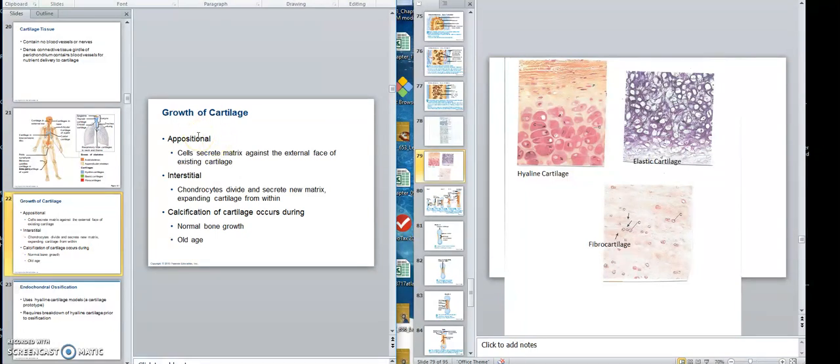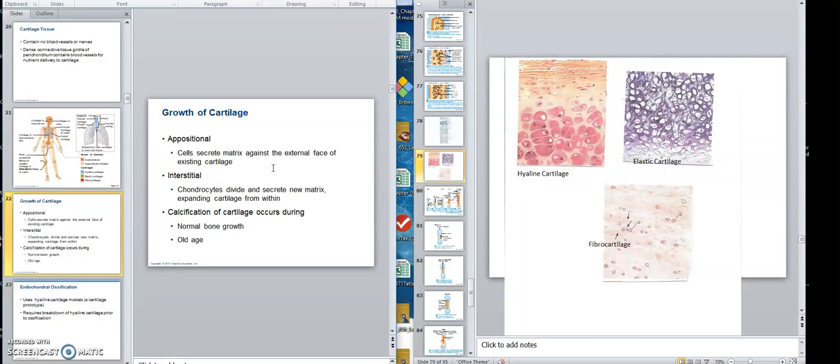That's appositional. Bone growth also can be appositional, so you're secreting on the external surface. Let's say you put a layer of paint down, and then you come back and put another layer on top of that, and another layer, so it gets thicker.